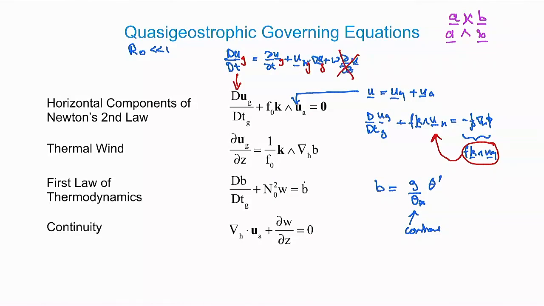In the continuity equation, I've used a property that I'll use a few times, and that is that the divergence of the geostrophic wind is 0. We say that the geostrophic wind is non-divergent. If you haven't seen that, or you've forgotten it, perhaps you should show it as an exercise. Show that.